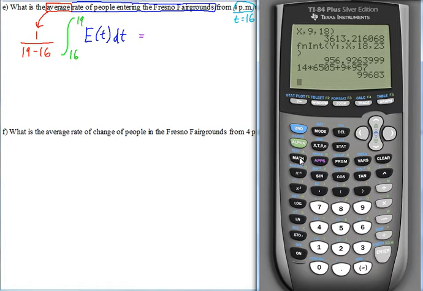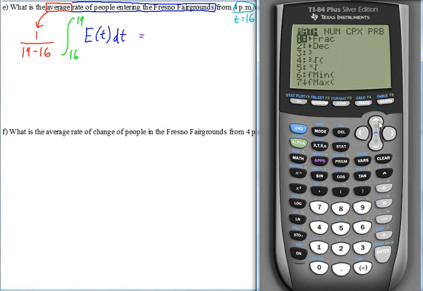So then I'm going to go math. So actually, don't forget there's a 1/3 out in front. I'm just going to go 1/3 in parentheses times, and then math, function integrate.